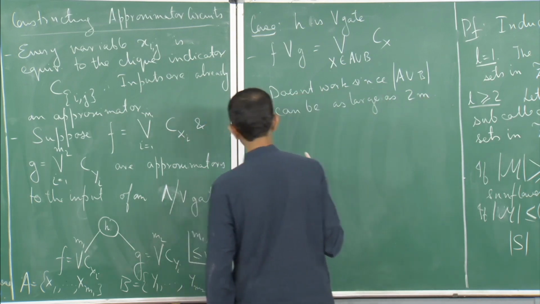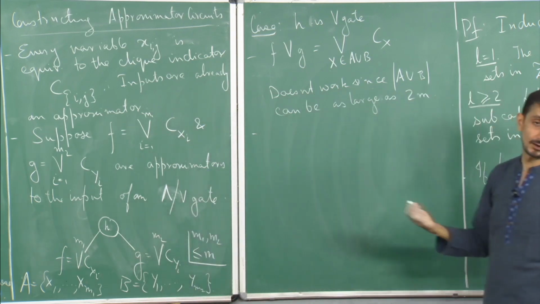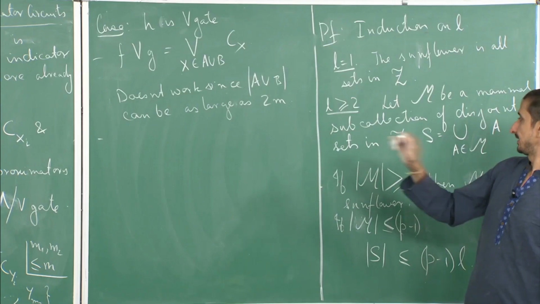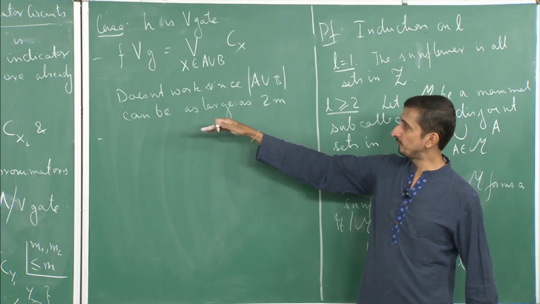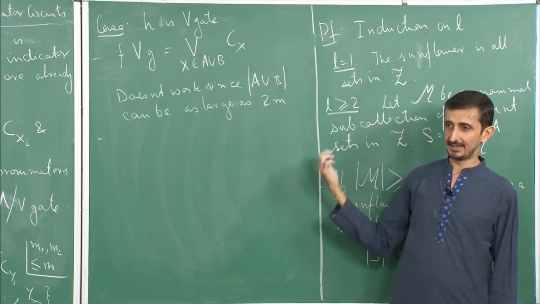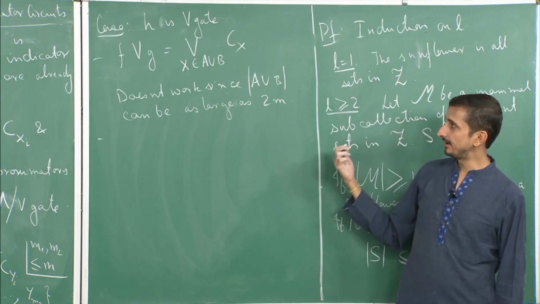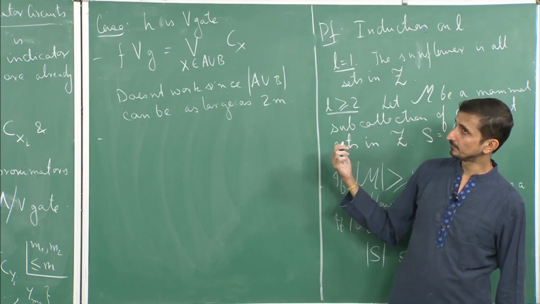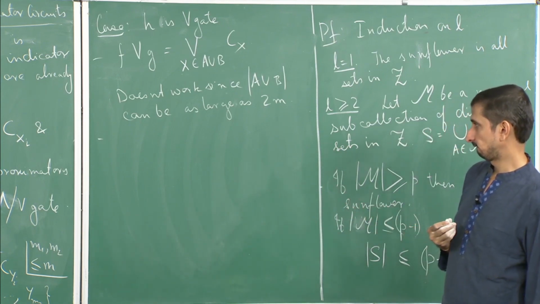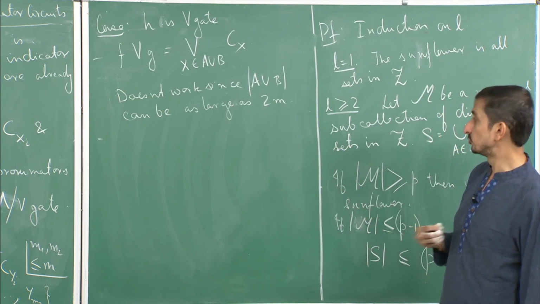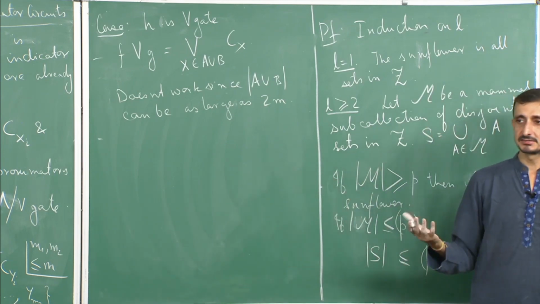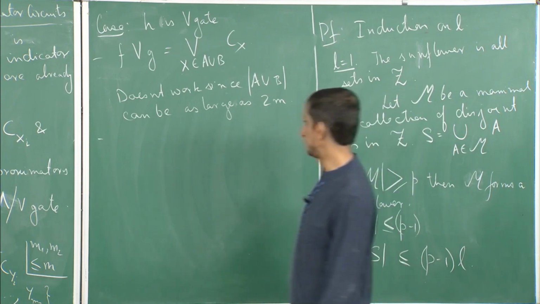Now we will use the sunflower lemma. What does the sunflower lemma say? Again, I erased it, but anyway: if we have a collection Z of sets whose size is greater than M, where M is that quantity, then it has a sunflower consisting of p petals.